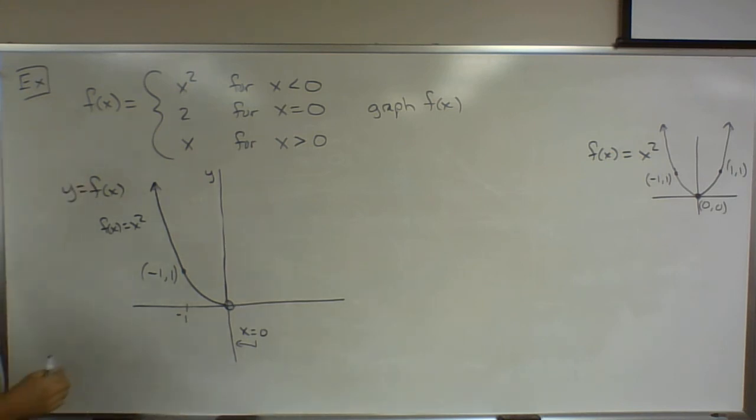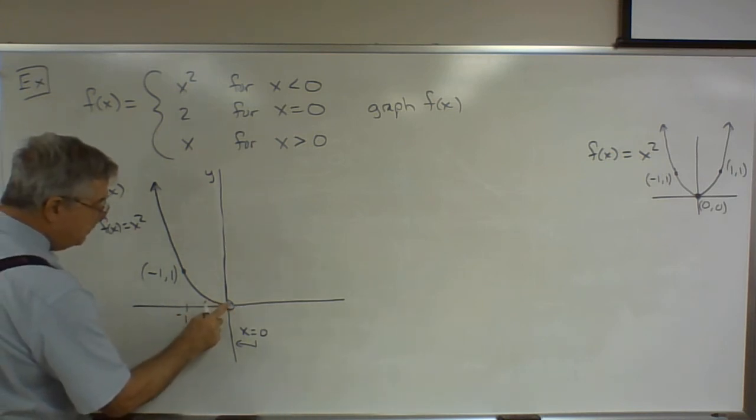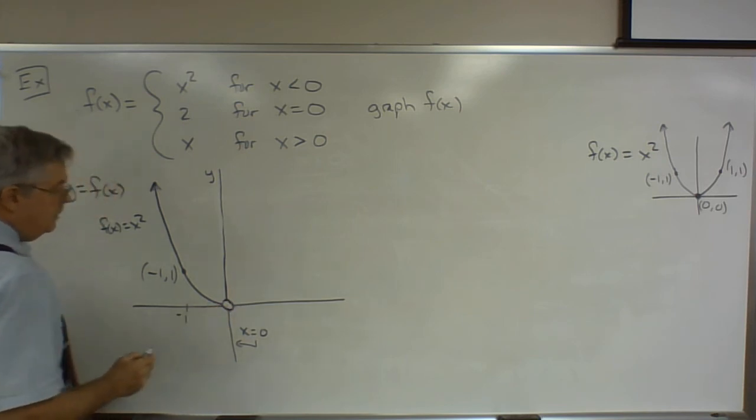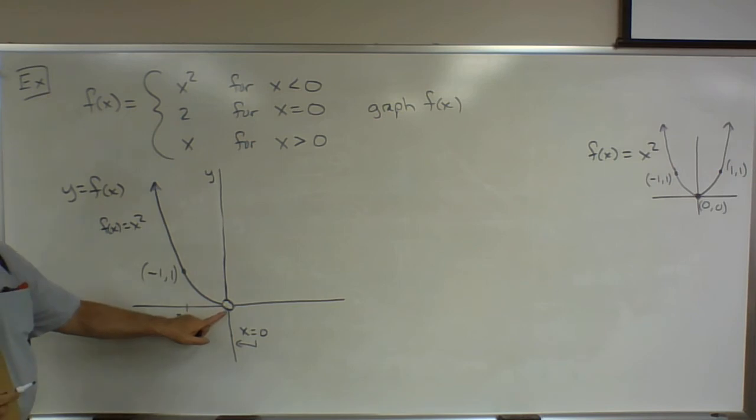Now, I'm using an open circle here, at least temporarily, to show that at the origin, I'm not sure yet whether this is actually a point on the graph.